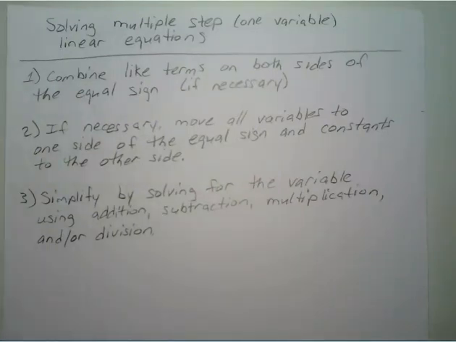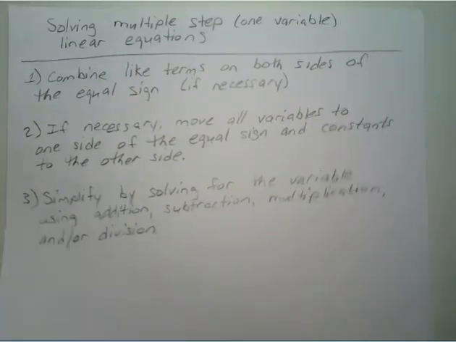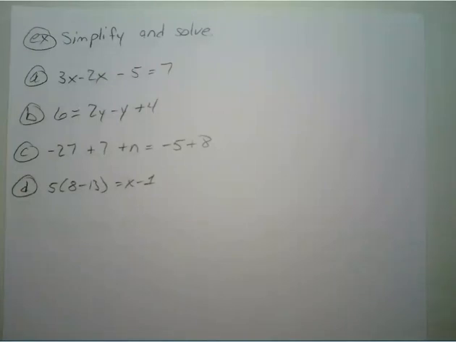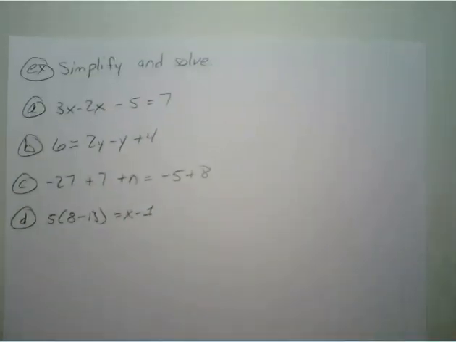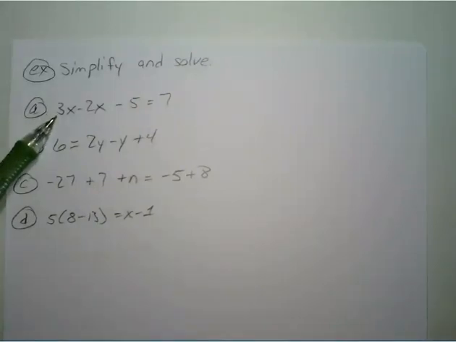All right. So let's go ahead, and if you're still writing these down, of course, press pause and finish up. But we're going to go ahead and jump to our examples. Okay. So let's say, for example, we want to simplify and solve 3x minus 2x minus 5 equals 7.